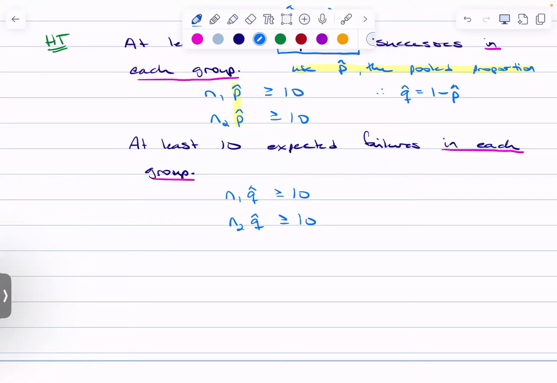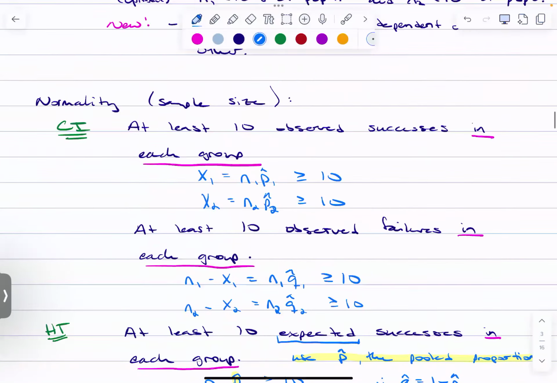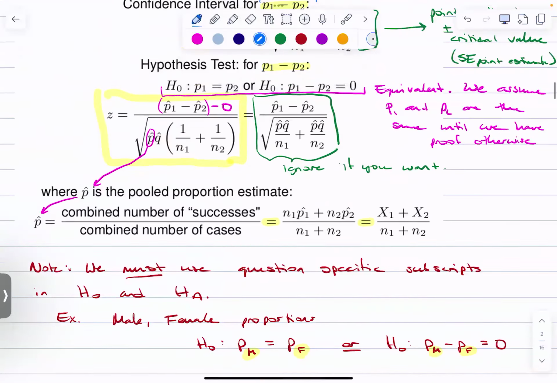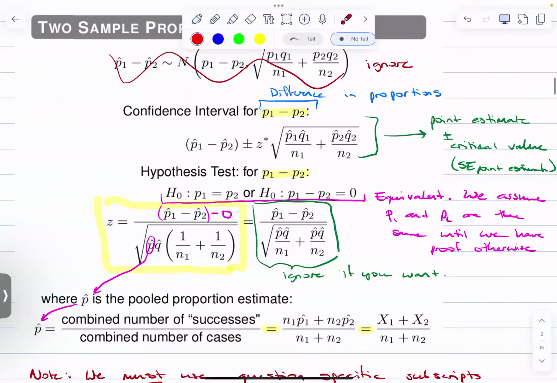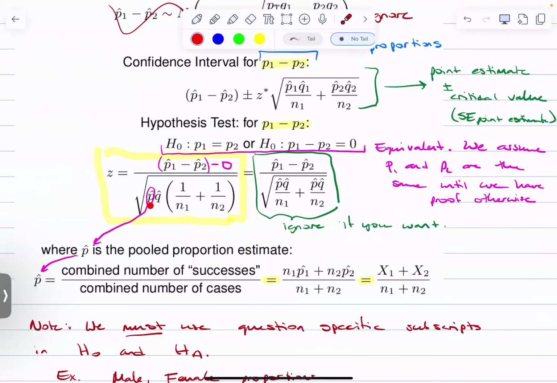But if you need a guide, just like we did for 1 sample proportions, whatever's in your square root is what you use to check your conditions. For a confidence interval, you've got p1 hat and p2 hat in the square root, whereas for a hypothesis test you've got p hat, so you use your pooled proportion to check your conditions.